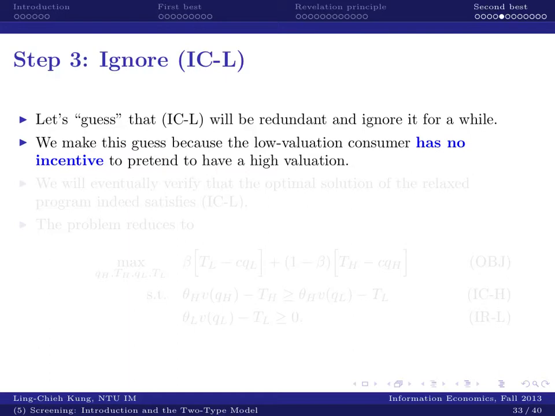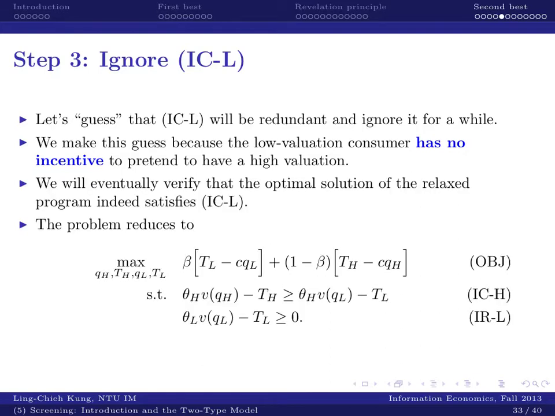If my valuation is low, do I want to pretend to have a high valuation? I guess the answer should be no. If my valuation is low, I want to say it's low. It is the high type consumer that wants to pretend to be a low type consumer. If the low type consumer has no incentive to lie, then ICL is useless.